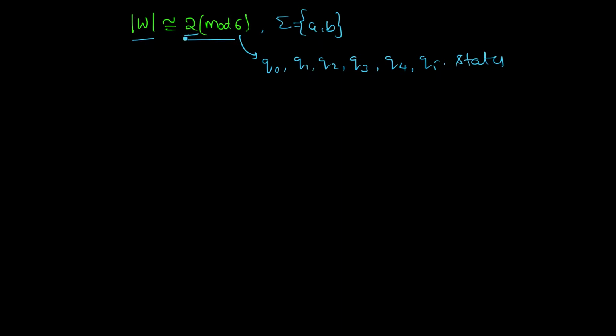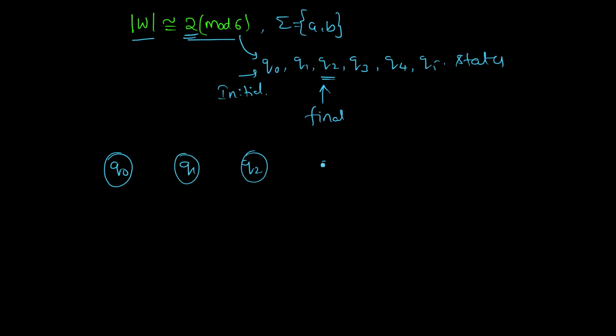And since 2 is the remainder, we will have Q2 as our final state. This is our final state, and Q0 is our initial state.